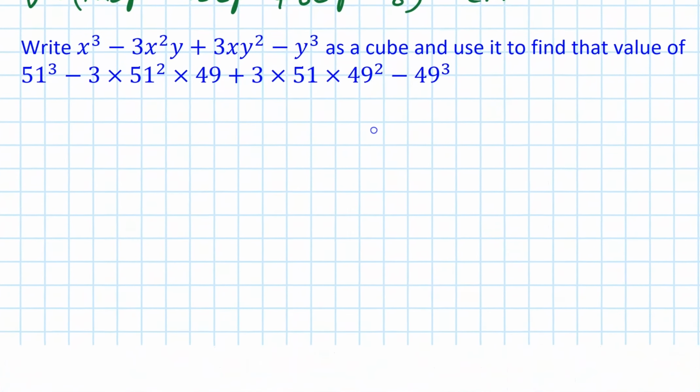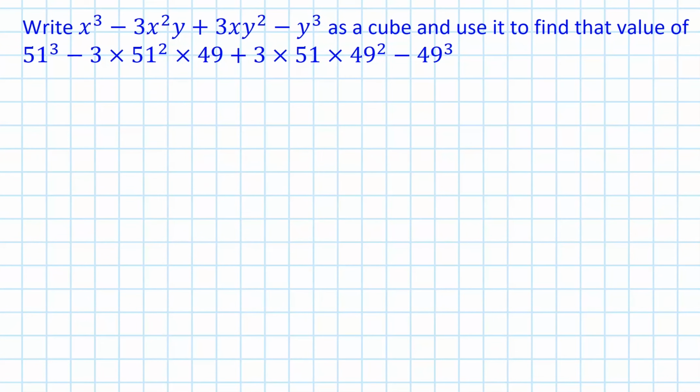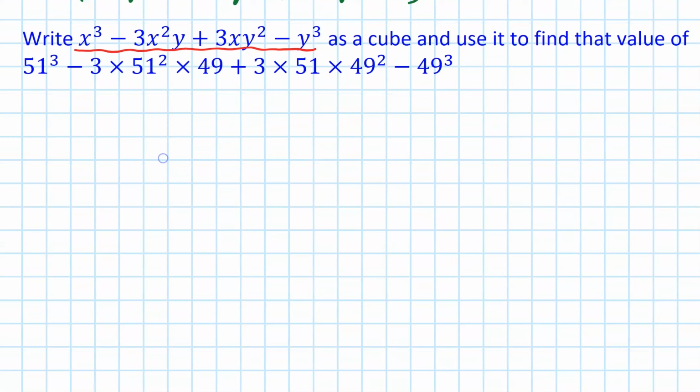Okay, one last one. We are going to write the expression here as a cube, and then we write the answer. Well, if I look at that, that's in fact (x - y) cubed. If you cross check with each of these terms, x cubed is 51 cubed, and then the last one is negative 49 cubed, negative y cubed.